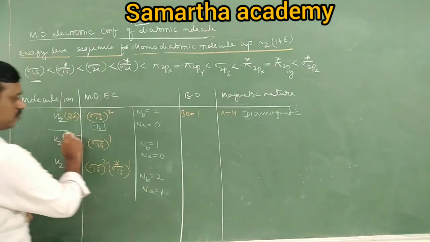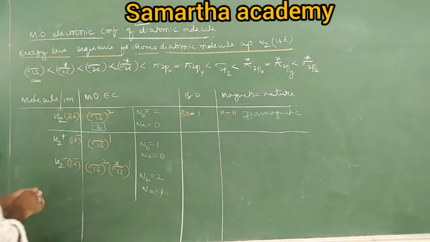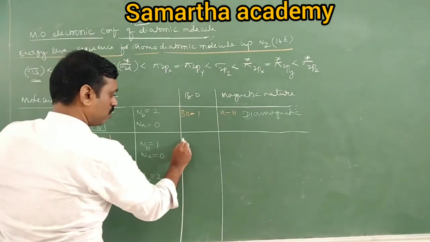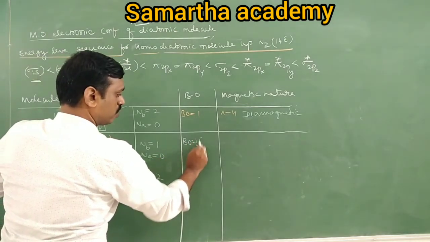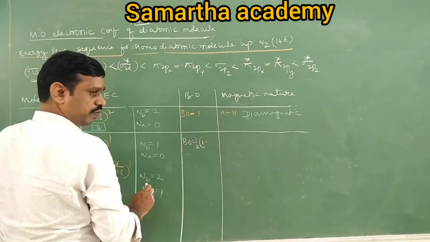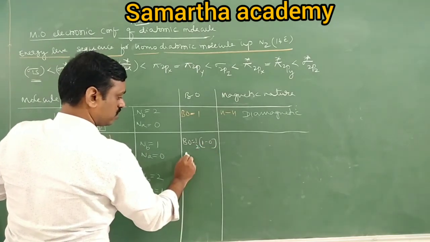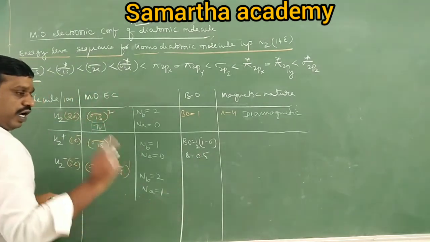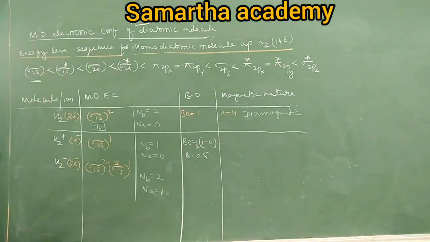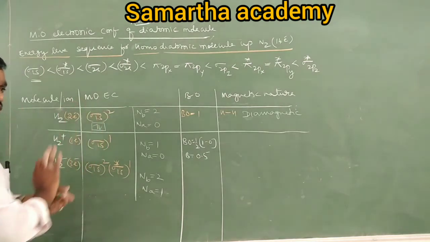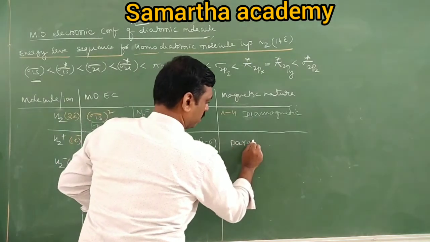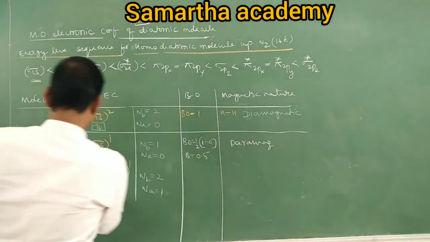Similarly, what about H2 plus? Bond order is half into Nb, which is 0.5. I told you, when bond order is 0.5 or a fraction, it must be paramagnetic. You need not see the electronic configuration also. You just remember it is paramagnetic because bond order is a fraction.